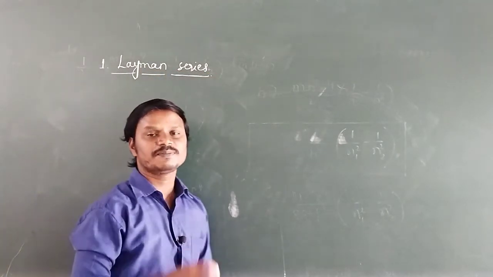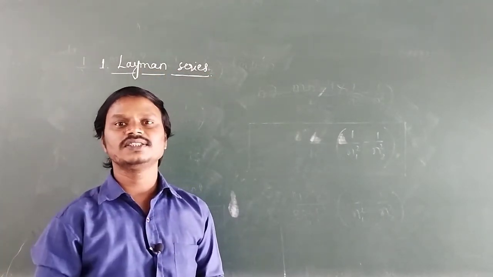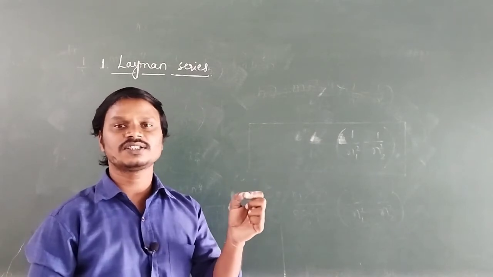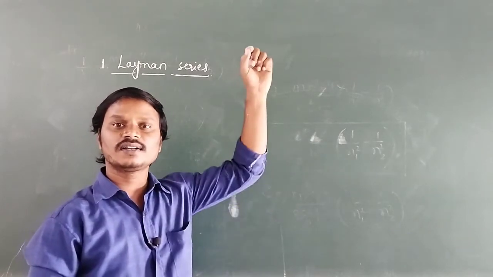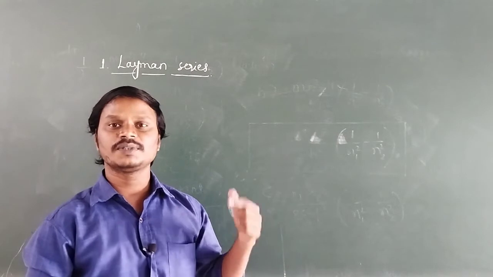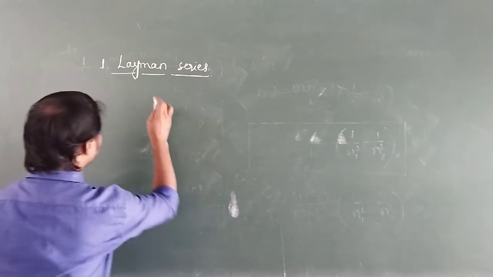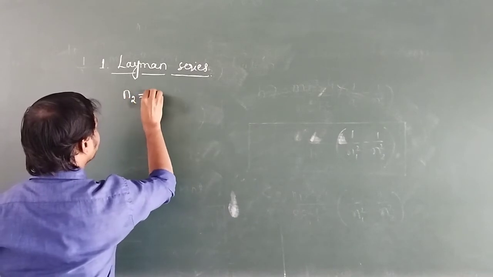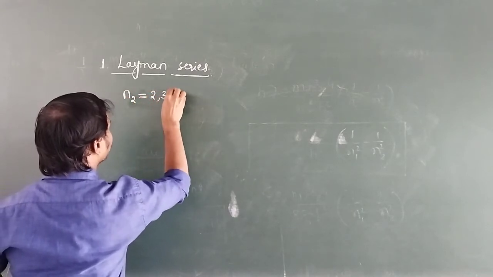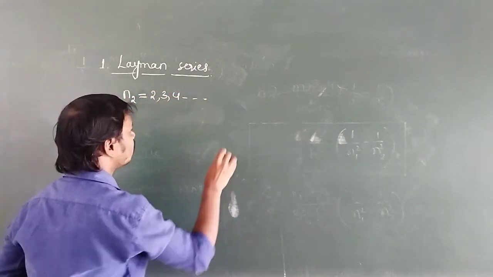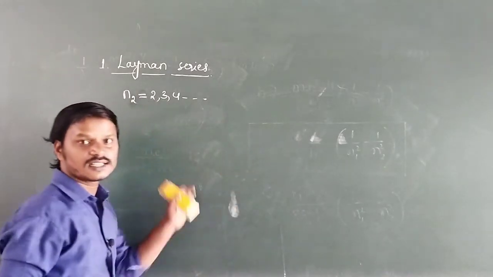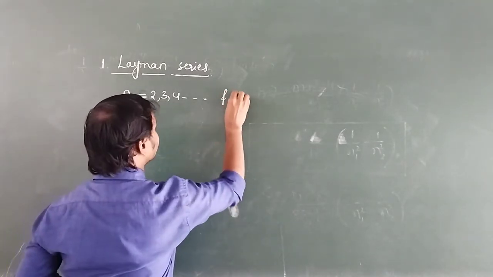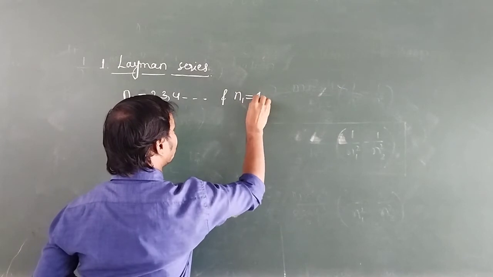In this series, the spectral lines are obtained due to the transition of an electron from higher orbits to the first orbit. Now let us take the higher orbits are 2, 3, 4 and so on. And here the ground orbit in case of Lyman series is 1.